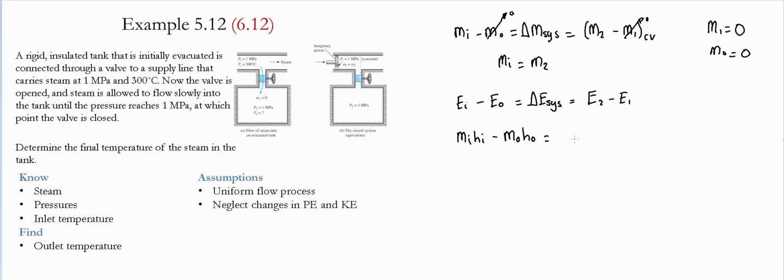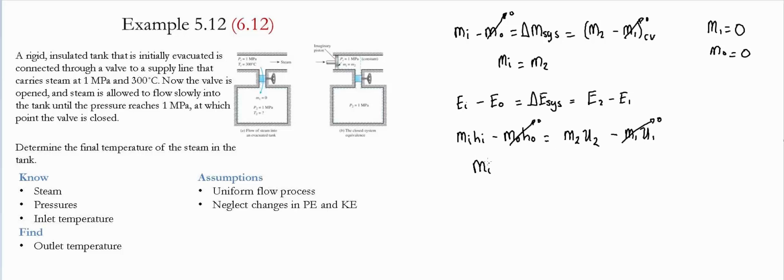Therefore, this simply reduces to the mass at the last stage times the internal energy at the last stage minus m1 u1. Based on the cancellations that we had before, m1 is equal to 0 and m out is also equal to 0.